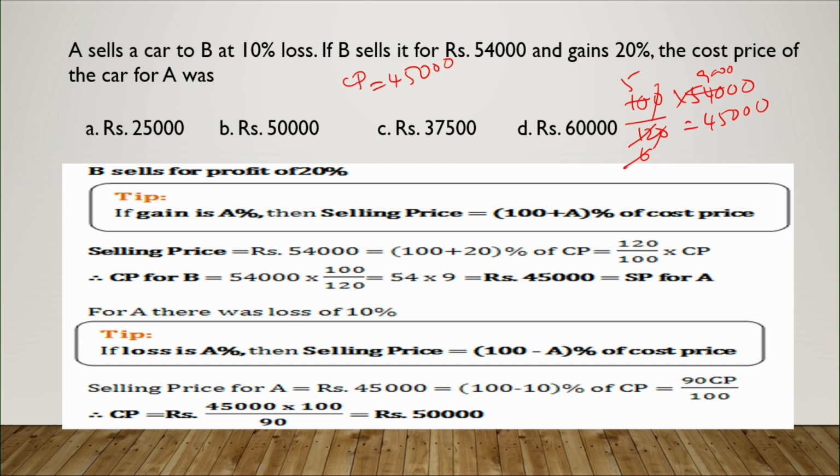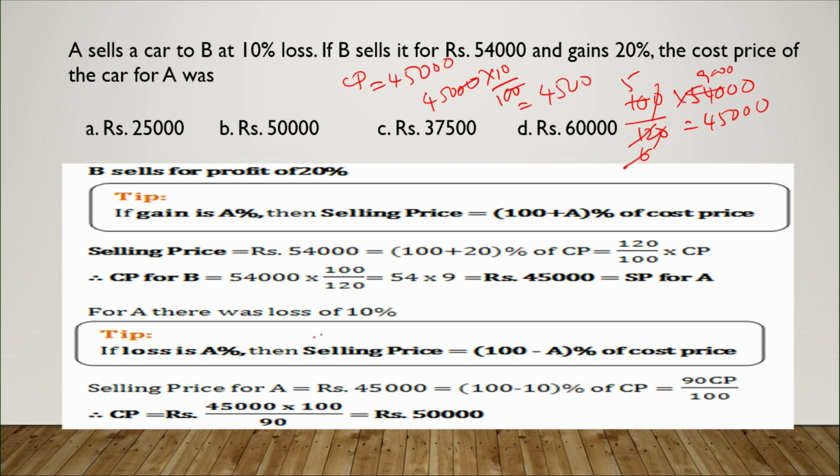A sells the car to B at a 10% loss, so you have to calculate the cost price of A. 10% of 45,000 is 4,500, correct?